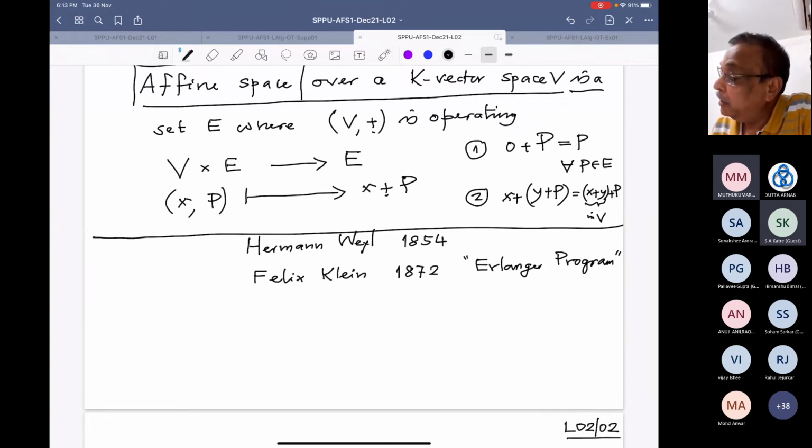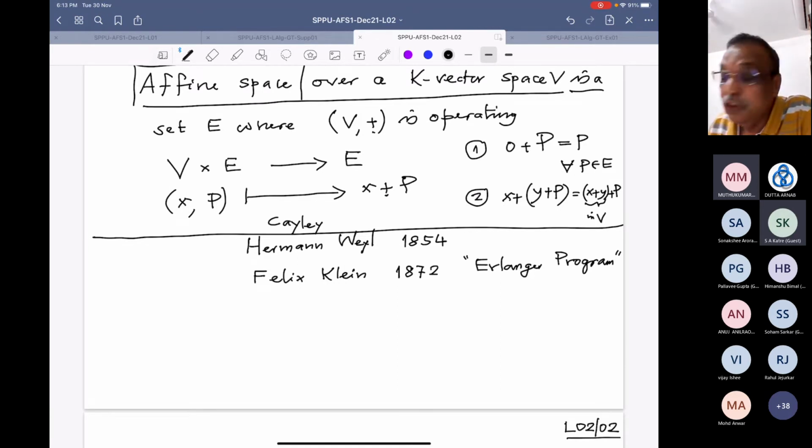But before that, before Hermann Weyl, Cayley's work already had some examples, but they were not very prominently mentioned as group actions.